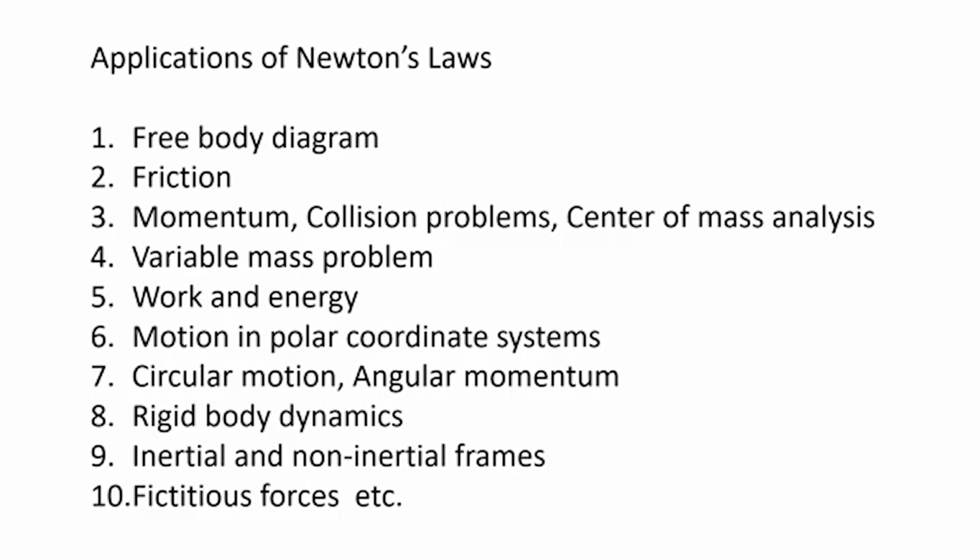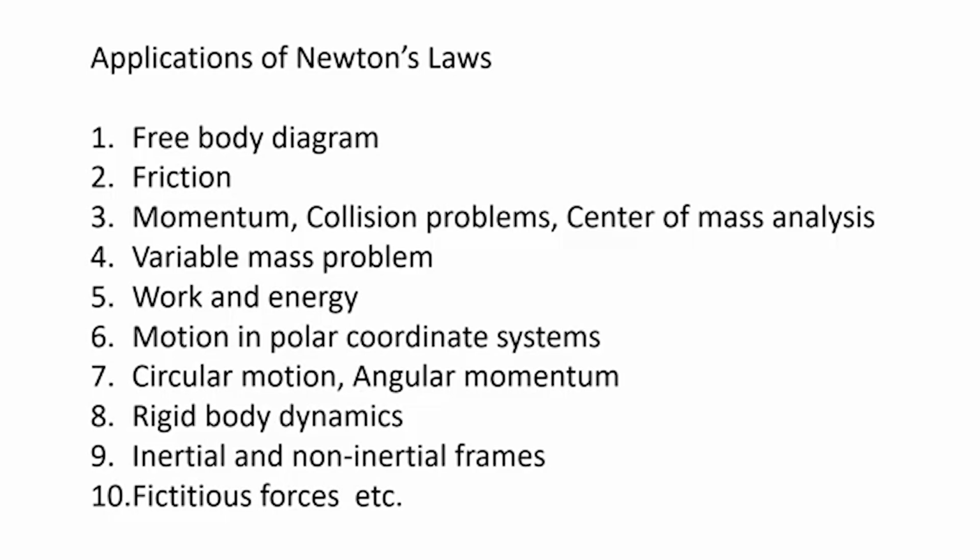We talk about collision problems or scattering problems, and then do a center of mass analysis. One does a variable mass problem as well, that is, the mass is not constant in Newton's second law.